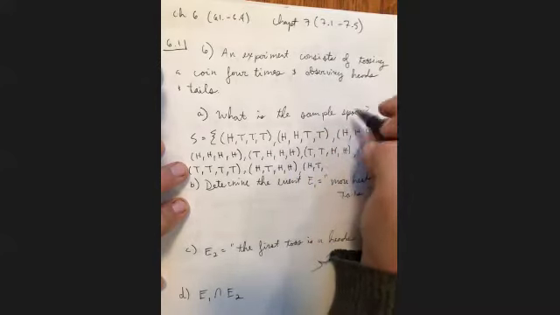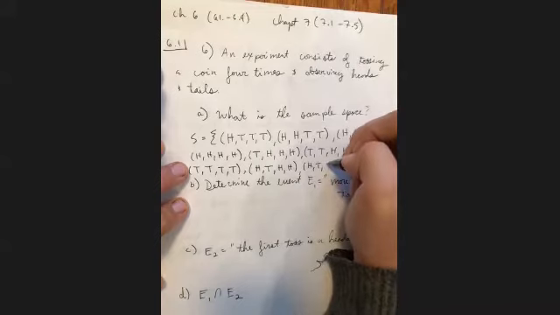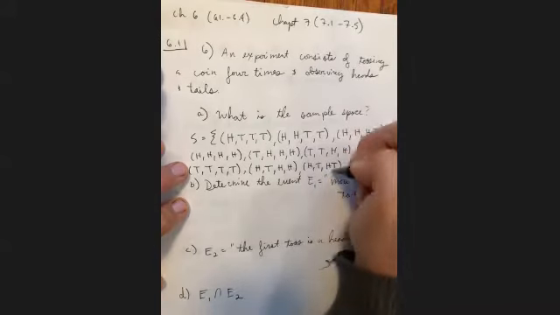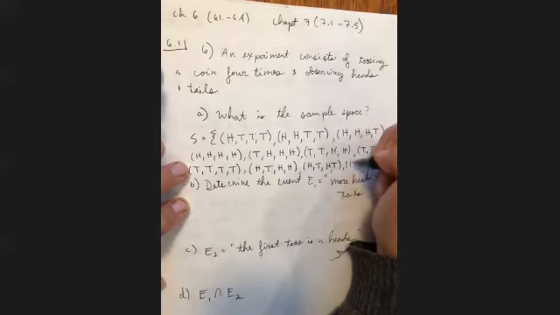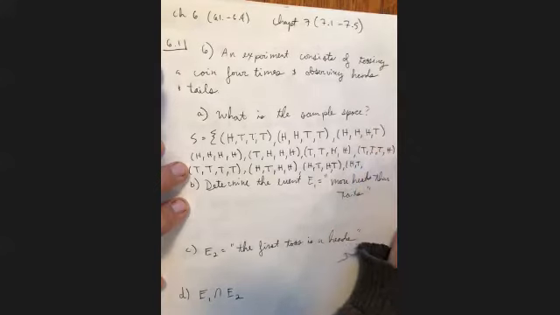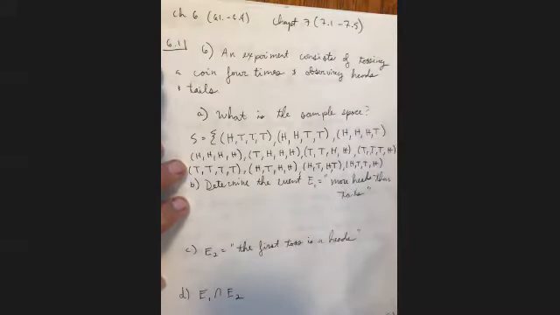We could have another heads, tails, tails. We could have 2 tails, but we've already listed that option. So we could have tails, heads. So we're getting there. You'd have to continue listing out all the examples, all the possibilities.